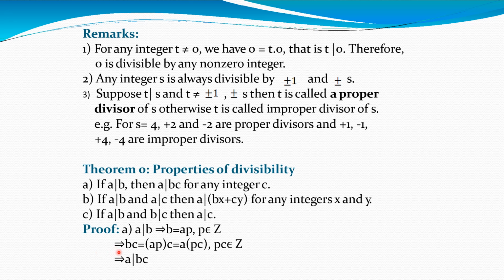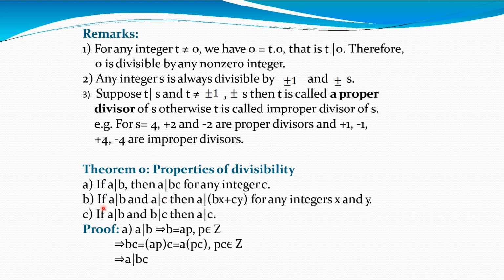Now by associativity of integers in multiplication, this is a multiplied by pc, where p into c is an integer because p and c both are integers. So finally we got bc equal to a multiplied by some integer. So by using the definition of divisibility we can write a divides bc. So if a divides b, then a divides bc for any integer c.